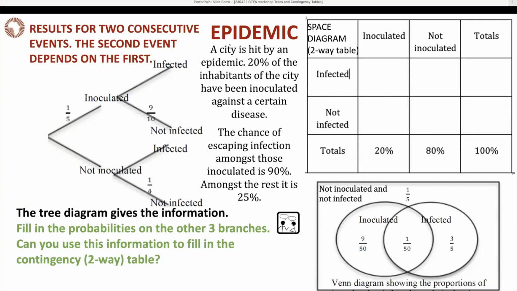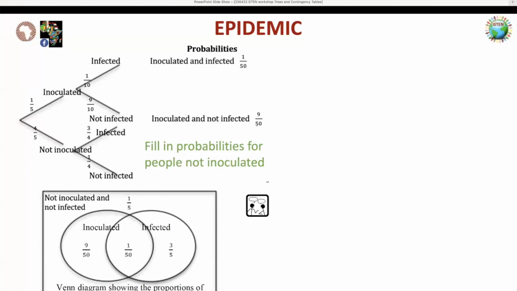So this, you'll see, is highly relevant to what's been happening in the last few years and still happening. So we want you to compare the three diagrams and see how they all give you the same information. Now here they are. Now we've filled in the probabilities in the tree diagram.